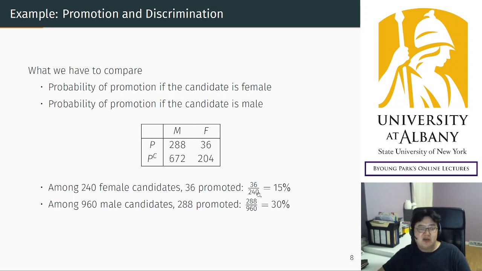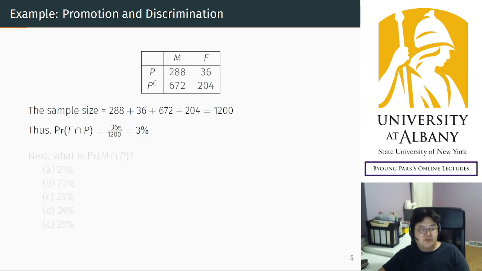And similarly, if you use the total number of samples, 1200, then this probability would be 3%. So 36 over 1200 was the probability of being female and promoted.